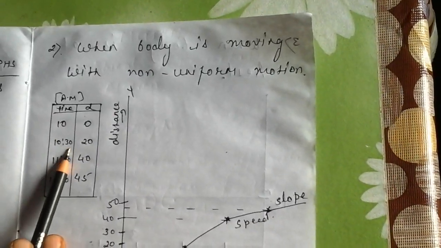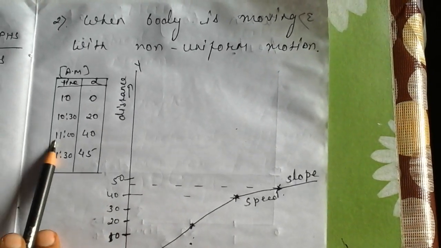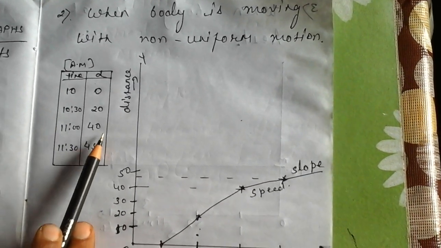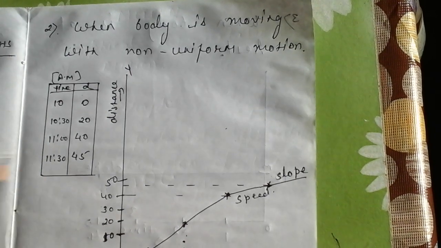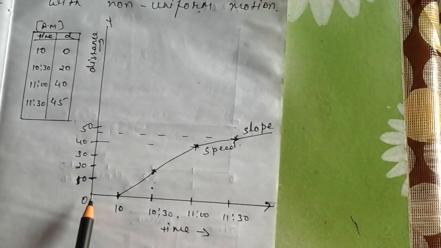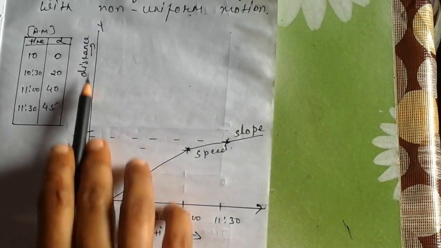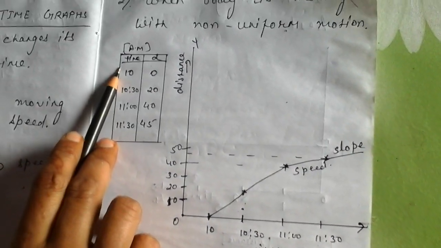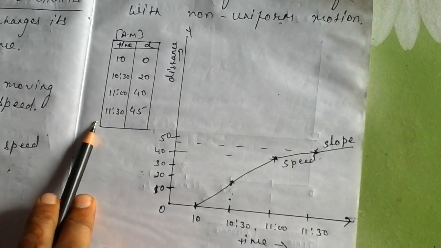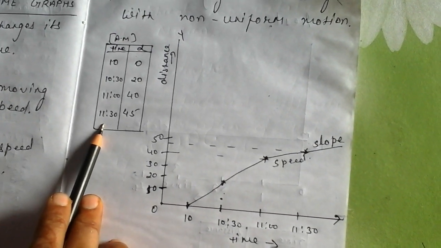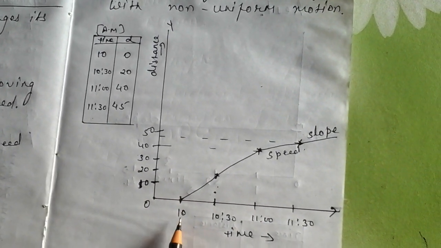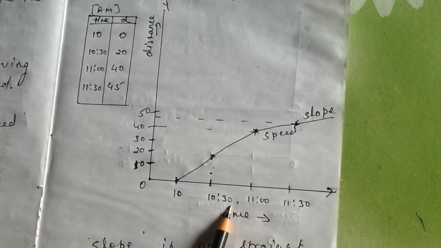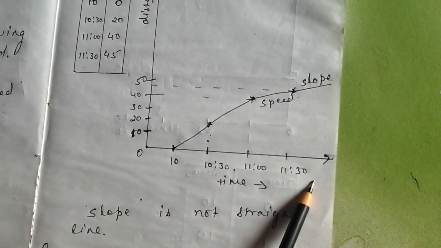When time is 10:30, distance covered is 20 meter. Time is 11 o'clock, distance covered is 40 meter. Time is 11:30, first of all you draw the x-axis, then you draw the y-axis. Draw on graph paper. According to the data, I have shown the time as 10, 10:30, 11 o'clock, 11:30.